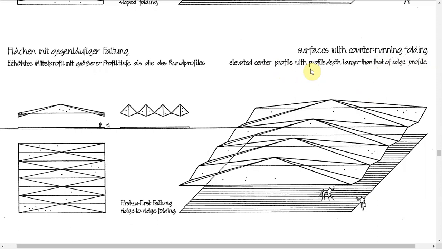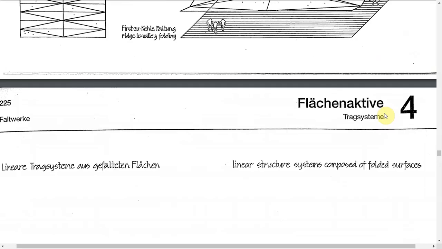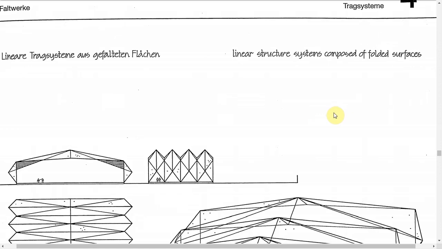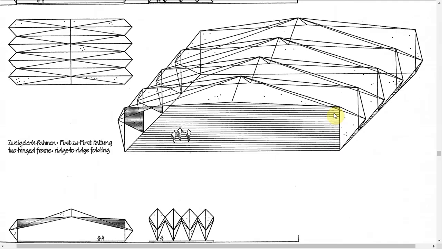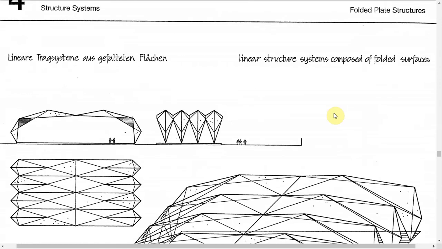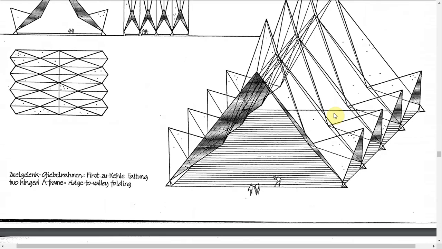The elevated centered profile with the profile depth larger than the edge profile, right? Then come linear structure systems composed of folded surfaces. These are their examples. These are linear systems. These are also linear systems, right?